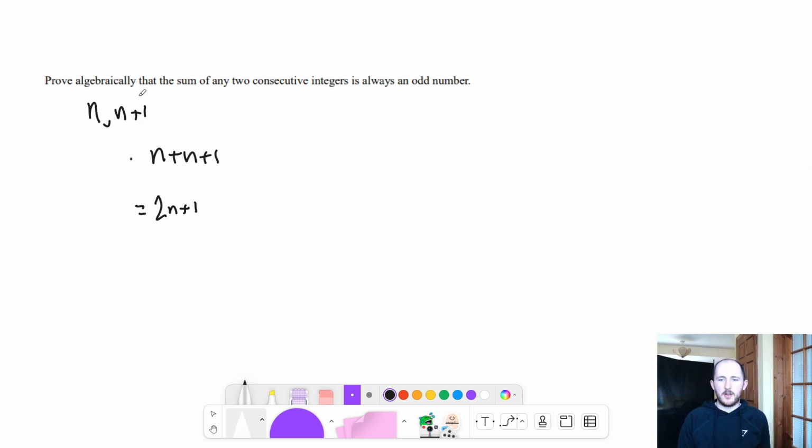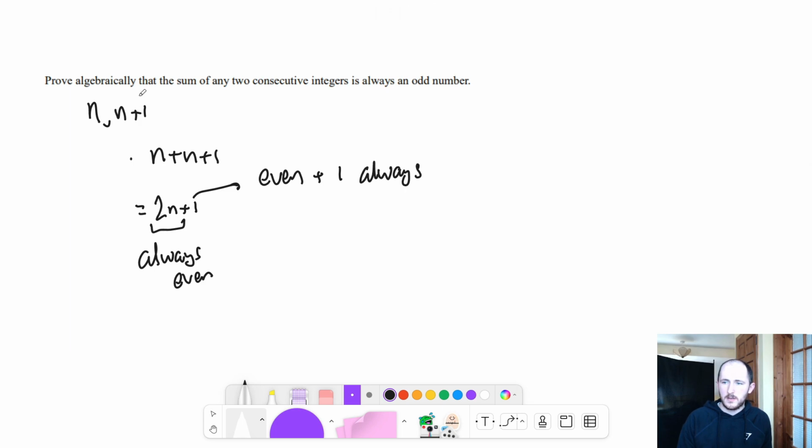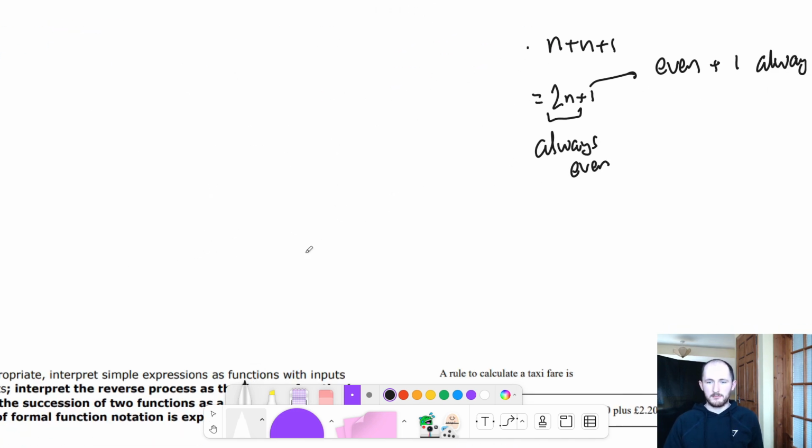Now if you notice, 2 times any integer is always even. An even number plus 1 is always odd. Hence this expression, so the sum of any two consecutive integers is always odd. Fairly easy.